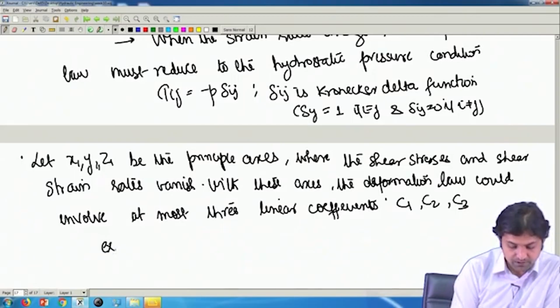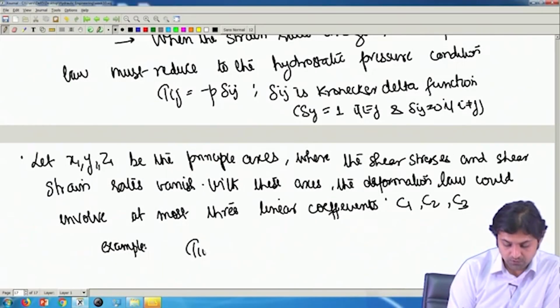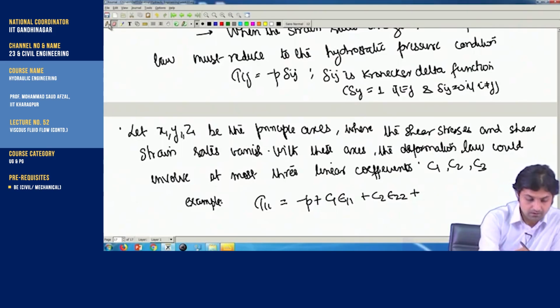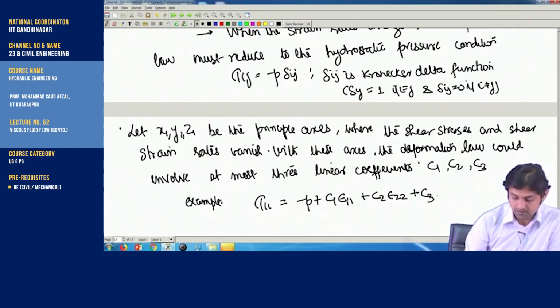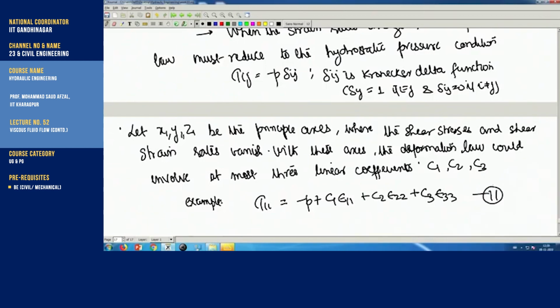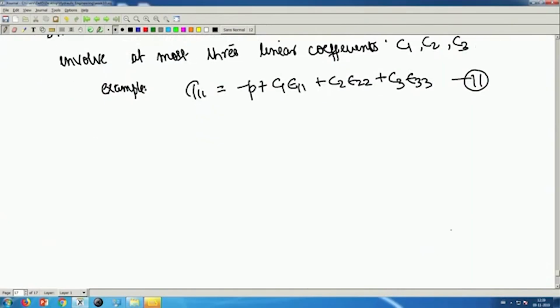So for example, if you want to write tau 11, it will be minus P plus C1 epsilon 11 plus C2 epsilon 22 plus C3 epsilon 33. We call this equation number 11.